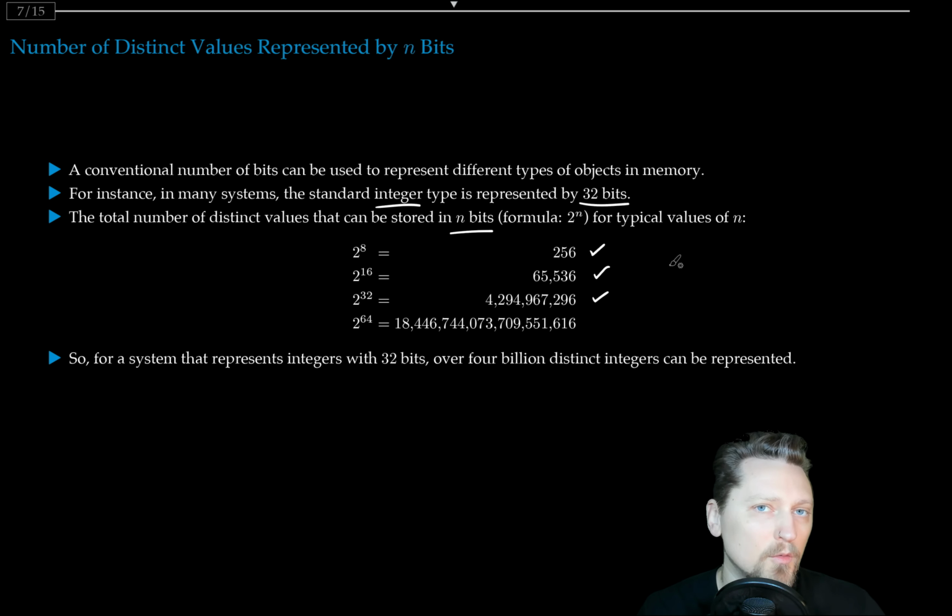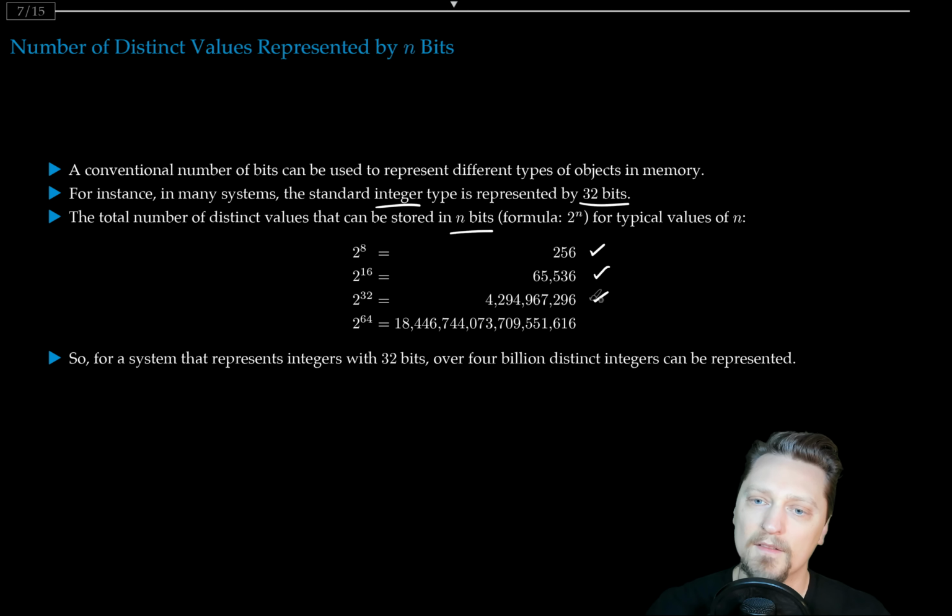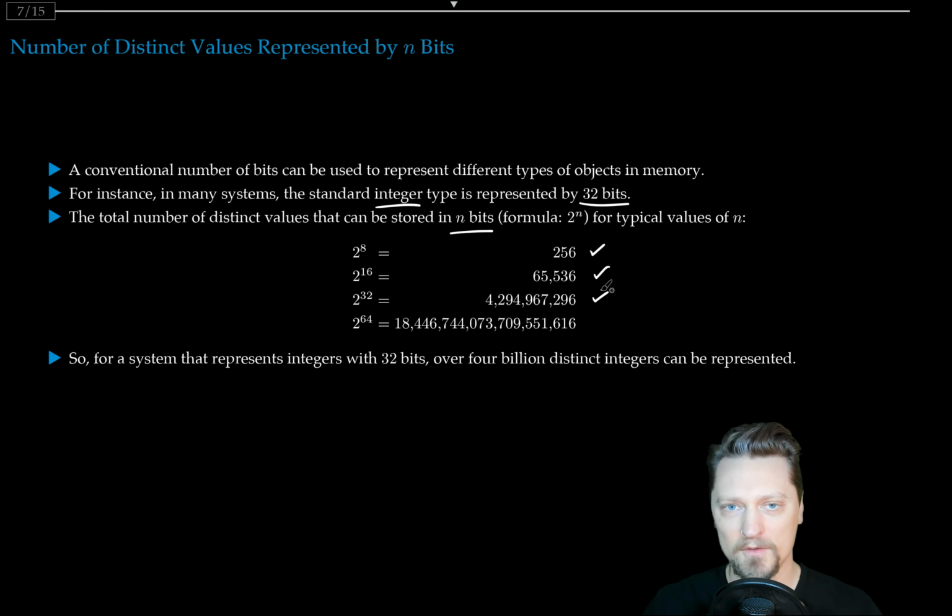In 32 bits, or 4 bytes, we can represent just over 4 billion different objects. And finally, 2 to the 64, another common number of bits to represent an integer as. We have well over, we're into the trillions and even beyond. Those are the number of distinct values we can represent with n bits.